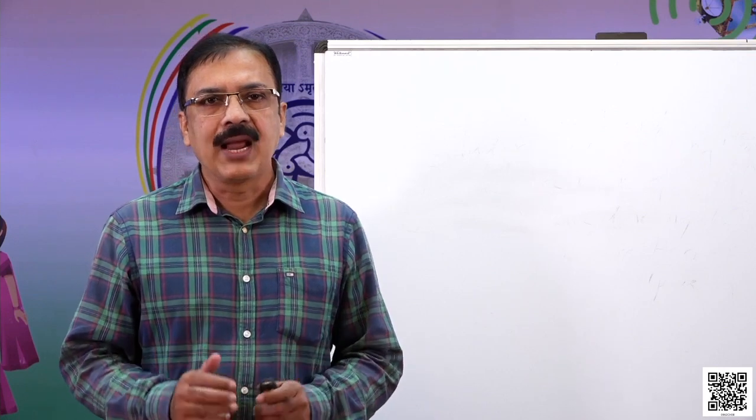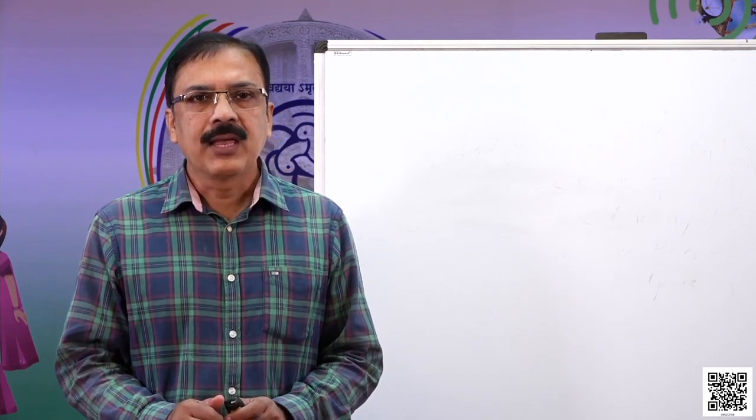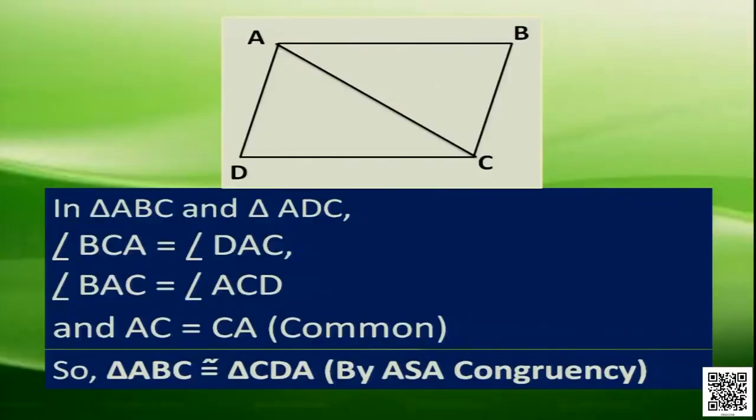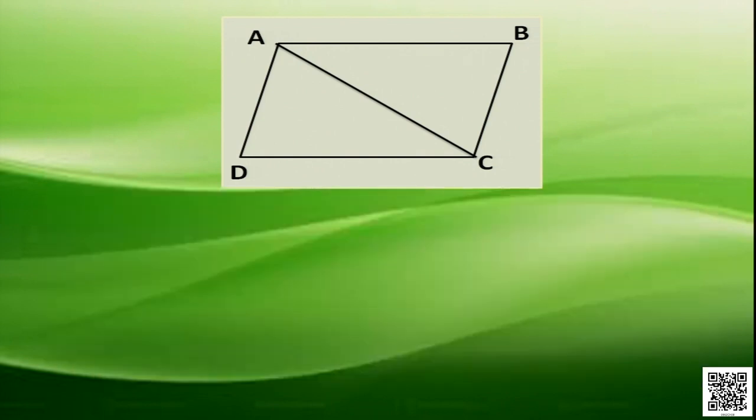As these two triangles are congruent, the corresponding parts of the congruent triangles are equal. So, let us see.